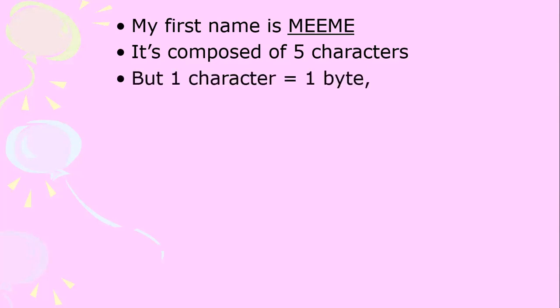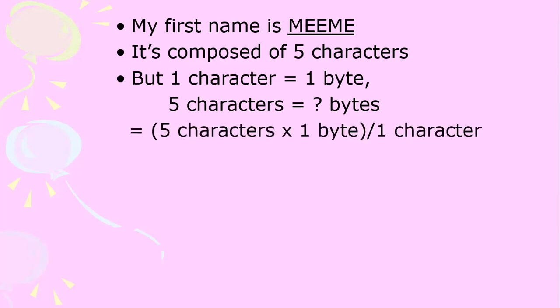Then count the number of bytes that form your name. Remember, 1 character is equal to 1 byte. And therefore, 5 characters, which form my name, will be equal to how many bytes?